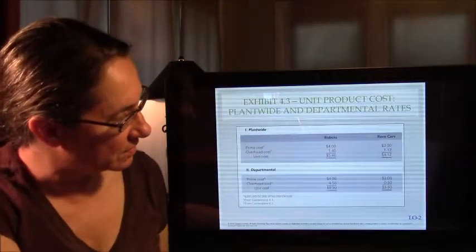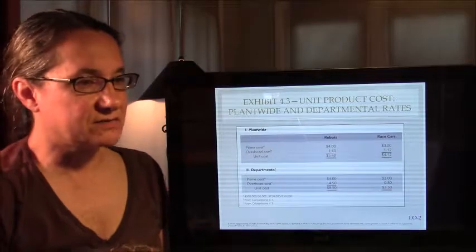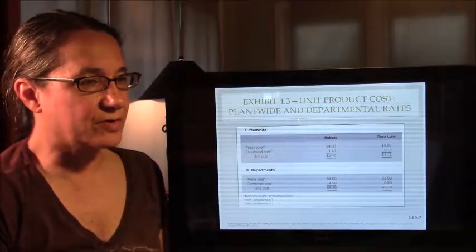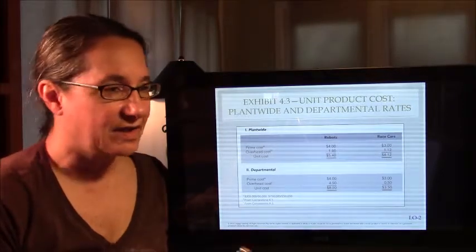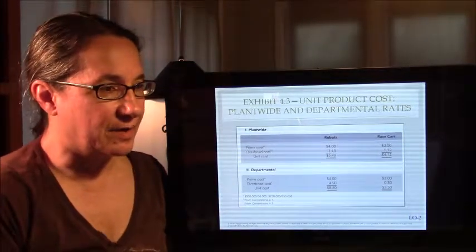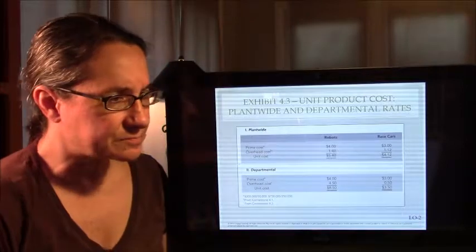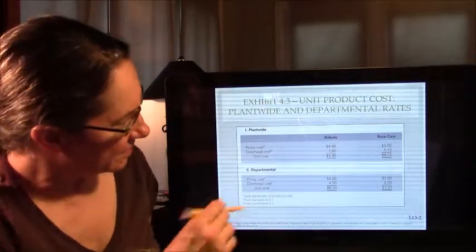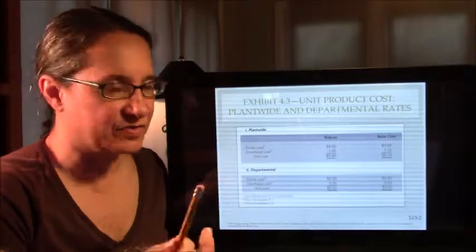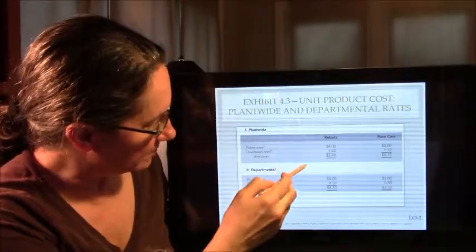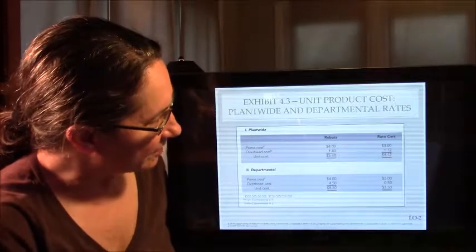All right. So let's just take our example all the way through. If we use a plant-wide rate, in other words, we just add all the overhead and divide it by labor hours, something like that, the prime cost is, obviously we can trace that, direct materials, direct labor, $4 and $3.